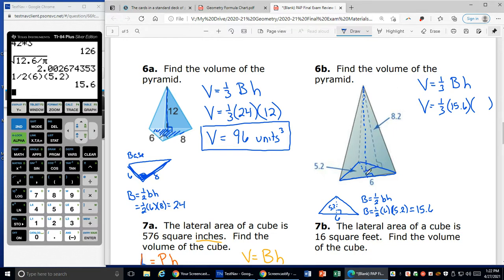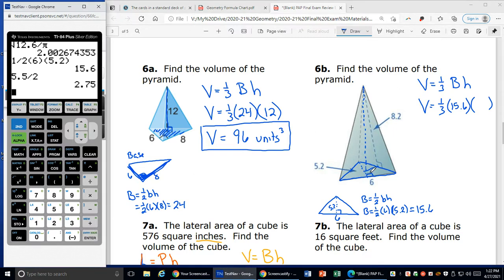Now, if I'm 5.2 all the way along here, then half of 5.2 is 2.75... 2.75 all the way across here. Okay, so if that's 2.75 and that's 8.2, that's really a slant height there, because see how it goes to the edge? So that's really a slant height.